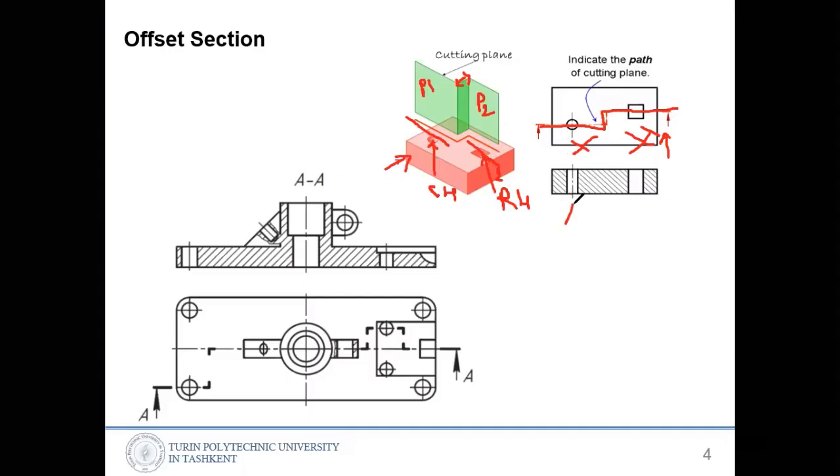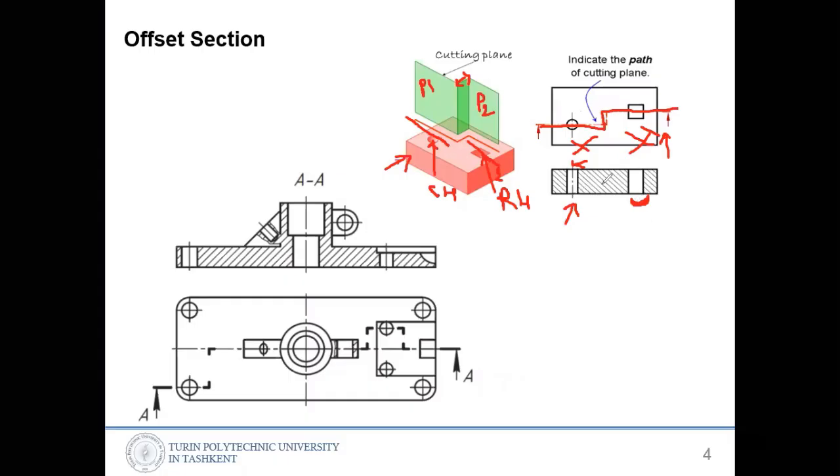Here we have a cylinder. How do we know it is a cylinder? Because here we have a center line. The second thing is a square hole, so there is no center line. This is to understand the difference between with and without center line.